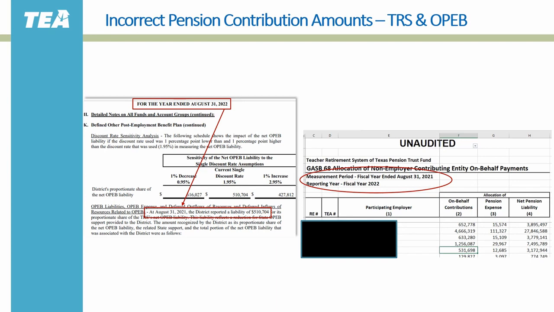However, for the disclosure in the notes to the financial statements of the school district's AFR, the district should state the actual fiscal year end when the district describes the amount of liability it reported. So here, instead of stating that at August 31st, 2021, the district reported a liability of $510,704, the district should actually state that at August 31st, 2022, as the AFR year end date instead.